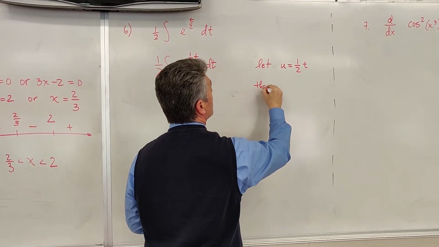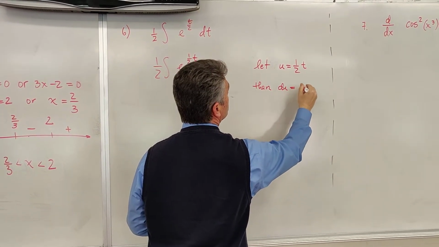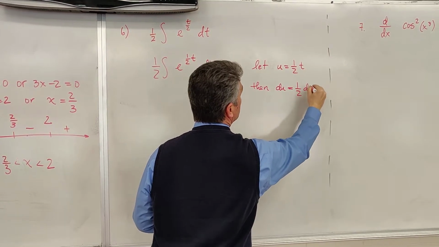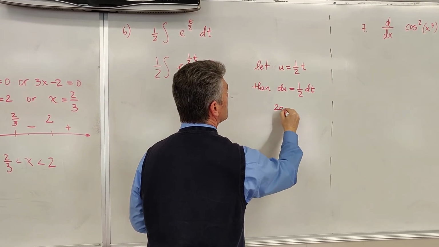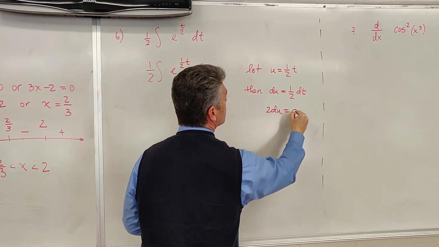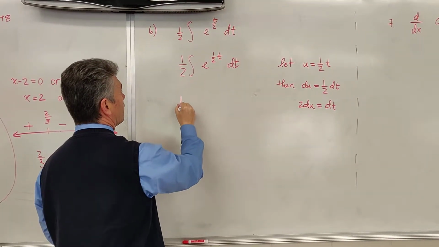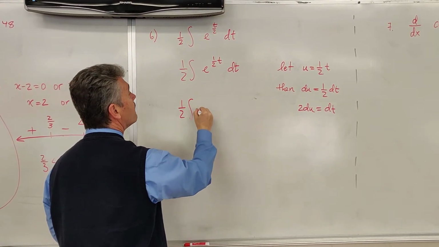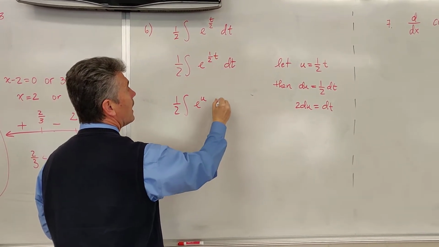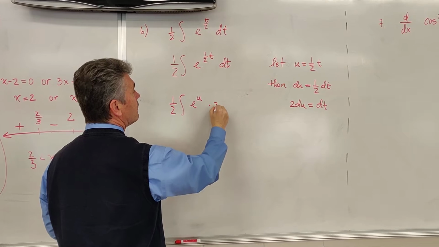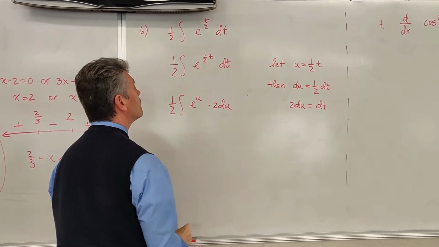Then du is equal to 1/2 dt, and 2 du is equal to dt.